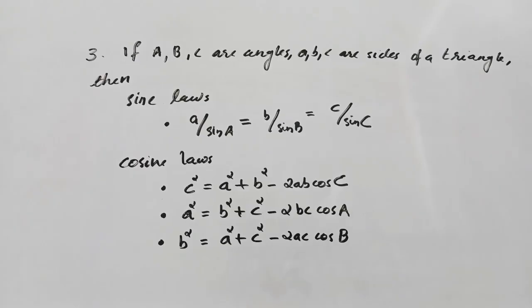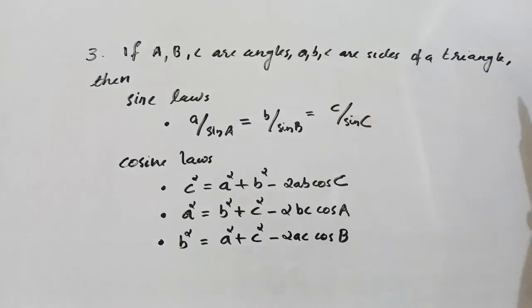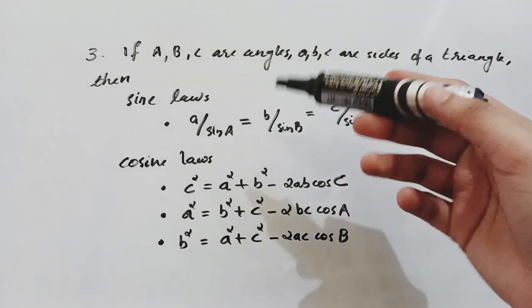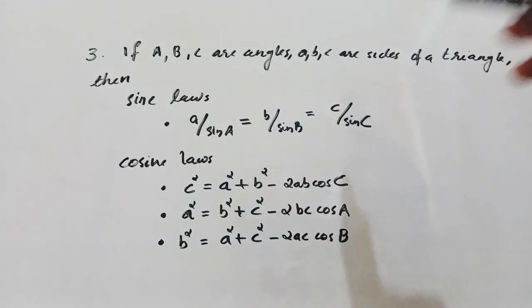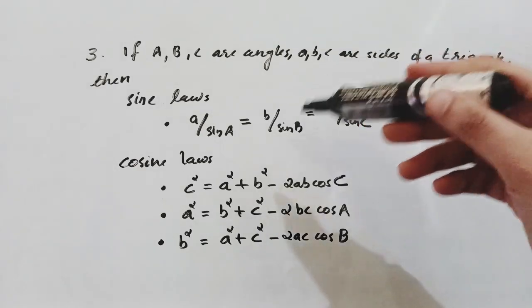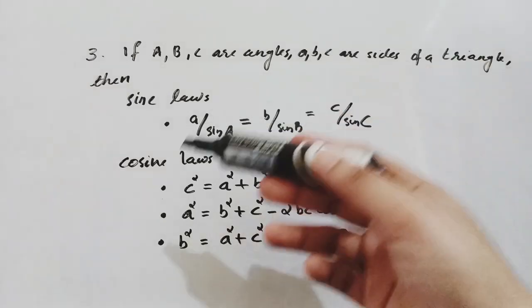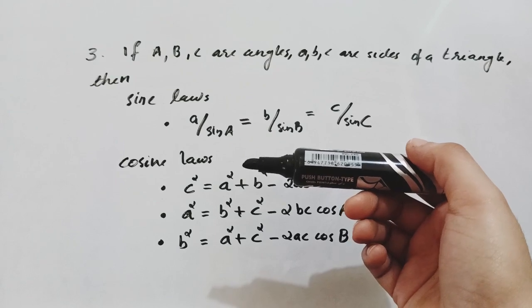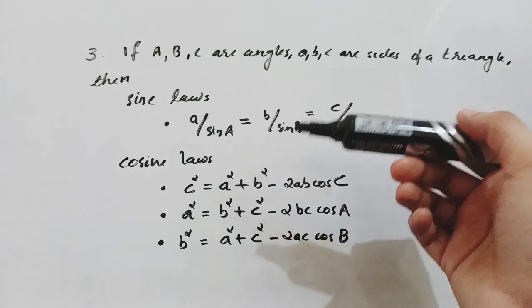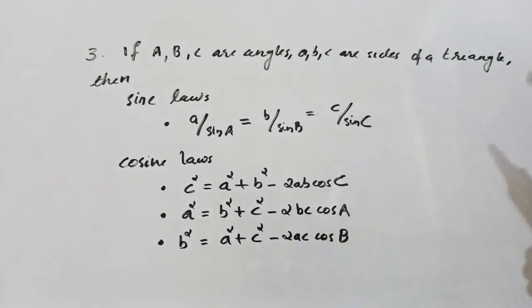Third formula is, if capital A, B, C are angles and small letter a, b, c are sides of a triangle, then we have two laws, sine law and cosine law. Sine law is a by sine A equal to b by sine B equal to c by sine C. That is, one side by sine of angle A, another side by sine of angle B, another side by sine of angle C, all are equal.